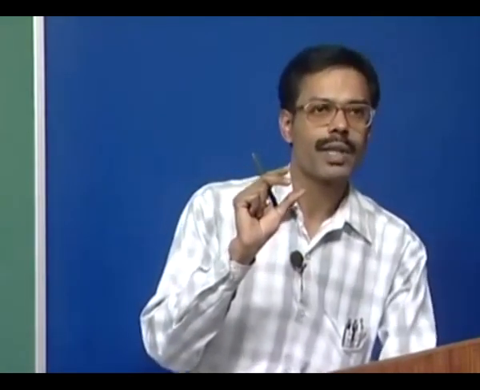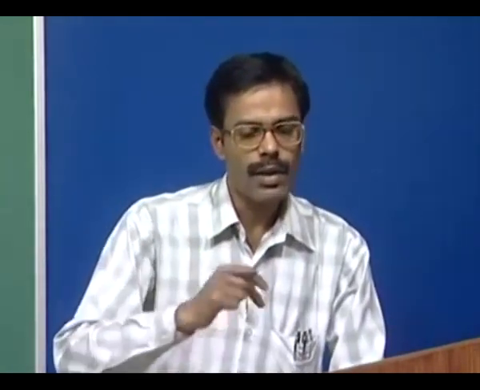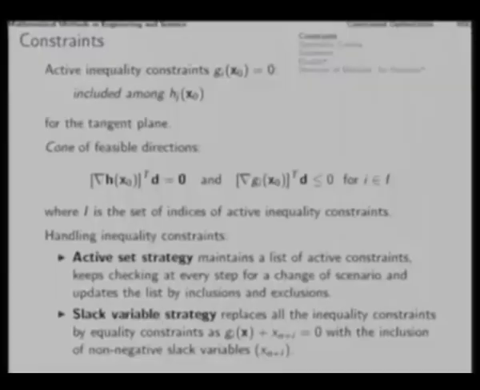One is the active set strategy, in which at every iteration as we move from one point to another, a list of active constraints is maintained, and after every iteration we check which of the active constraints has become inactive due to this particular step, and which other constraints which were earlier inactive have become active. So, this is called the active set strategy. At every iteration we make this update of the active set. Active set update is basically in the form of a list, a set in which we enter the indices of the active constraints.